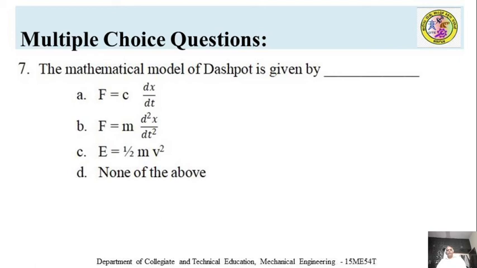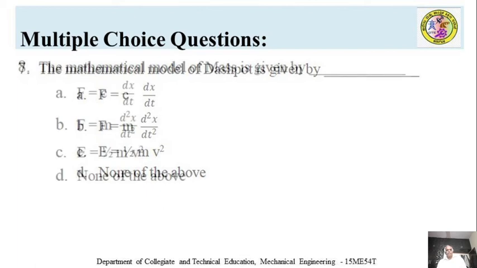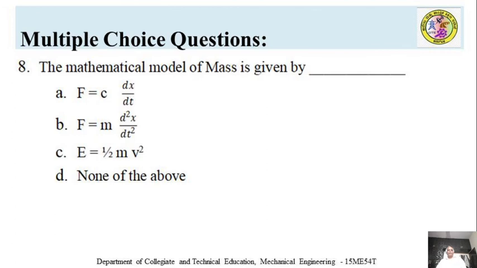F equals m d square x by dt square, or F equals ma, is the mathematical model of mass, whereas E equals half mv square is the kinetic energy of the mass.